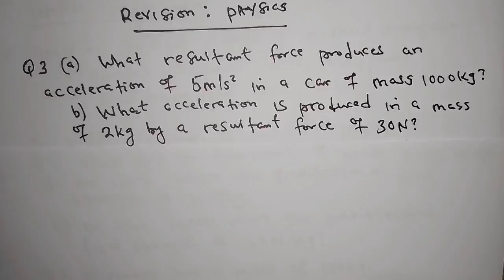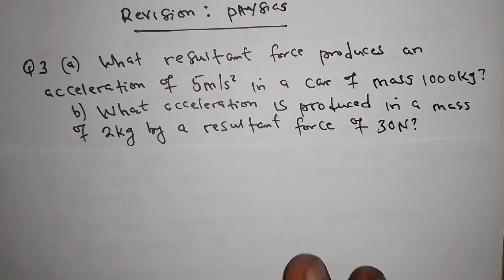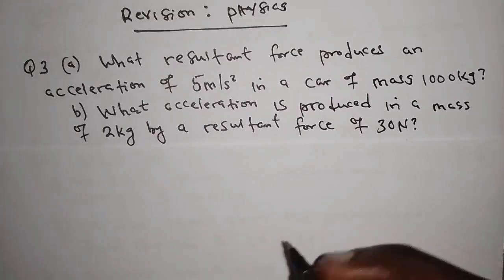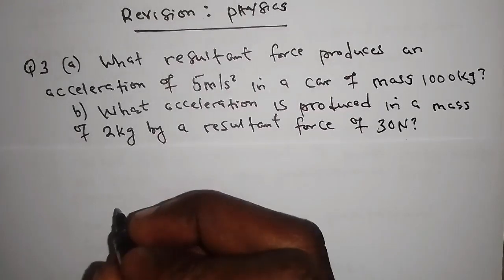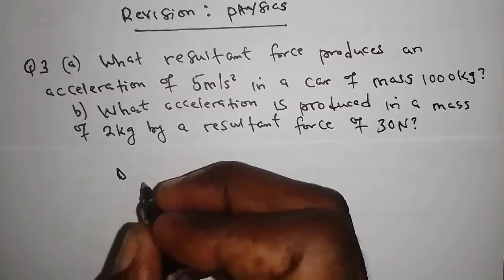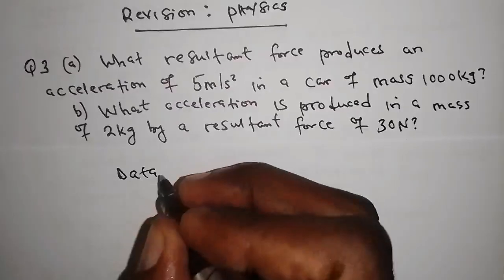The first question says, what resultant force produces an acceleration of 5 meters per second squared in a car of mass 1000 kg? They are looking for the force, so first collect the data.